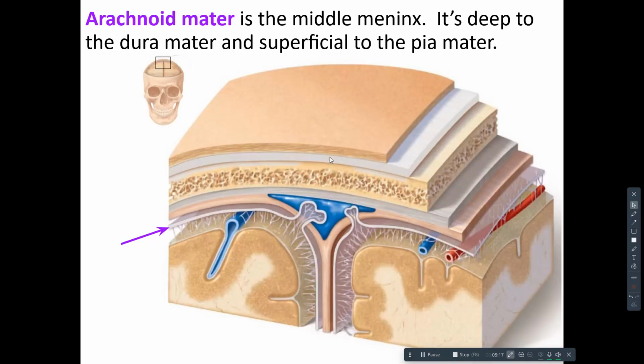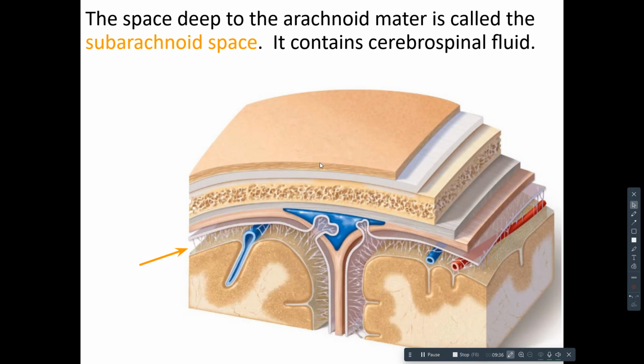Okay, deep to my dura mater is my arachnoid, which is my middle meninx. Notice the arachnoid has all these fibers connecting it to the pia mater. They crisscross, they get web-like, hence the name arachnoid, which means spider-like. Now, the space under my arachnoid is the subarachnoid space.